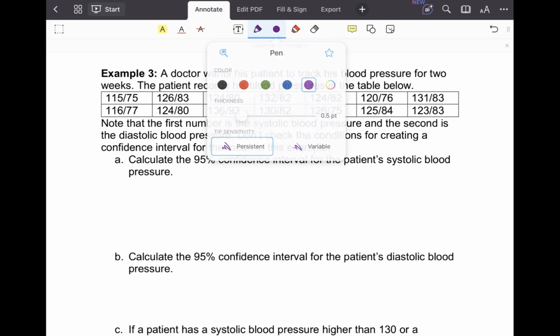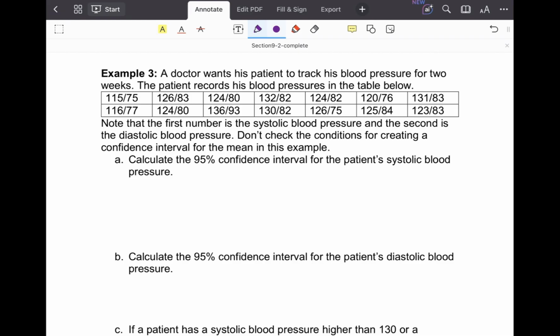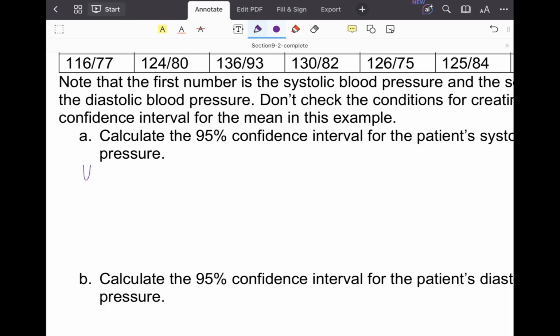And I want to write here just how we're going to do this. We're going to use the confidence interval Excel file, and we're going to use the mean sheet, and we're going to use the right side for the data.